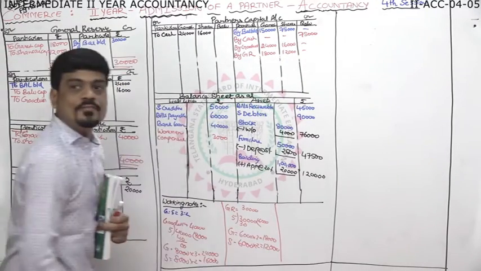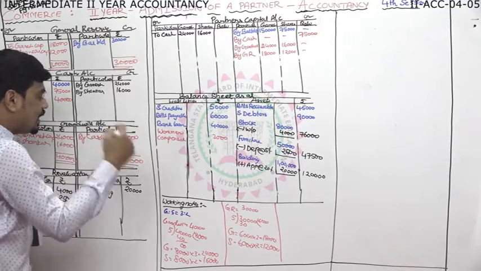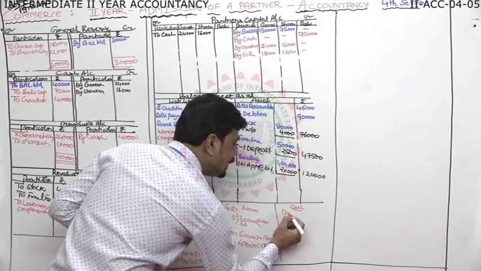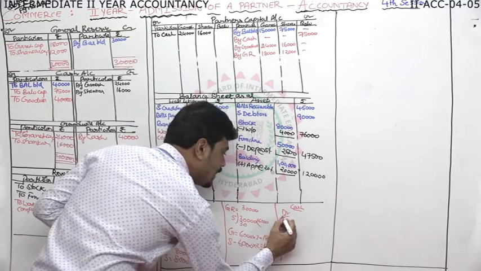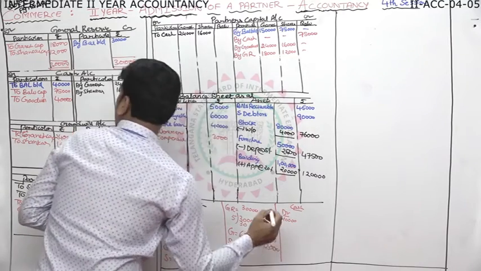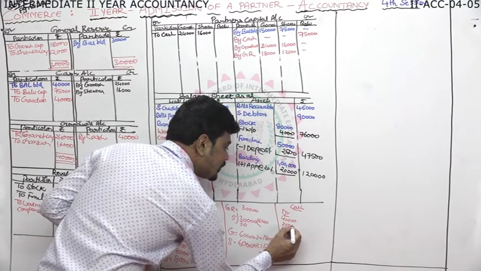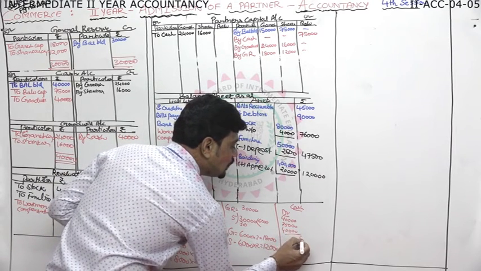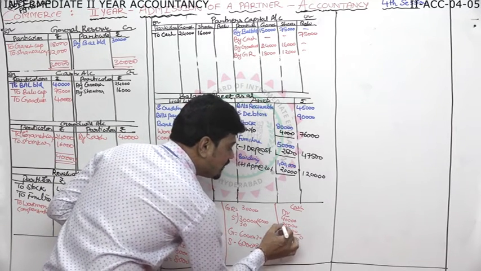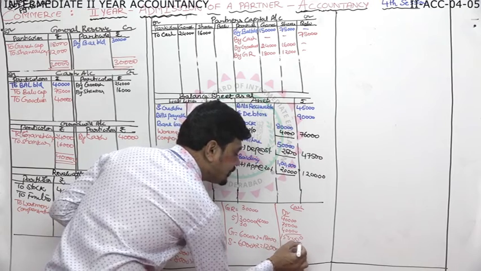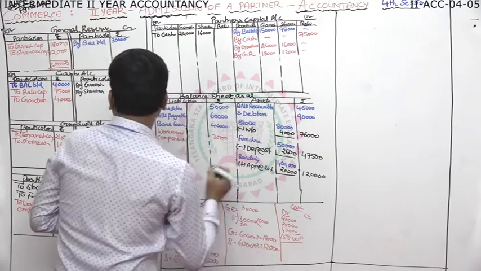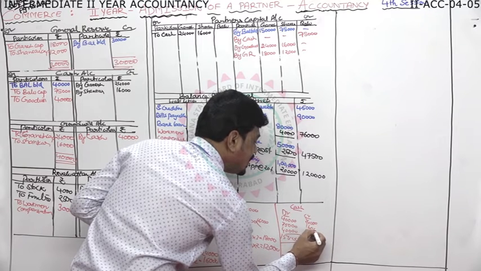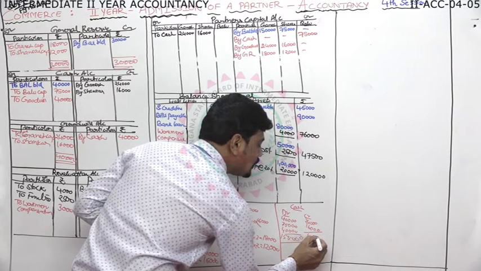Better we'll do the balance of cash account because we have debit and credit here. So cash, debit total. How much is the debit total? 40,000, 75,000 and again 40,000, so 1,55,000. If I see credit, 24,000 and 16,000, total 40,000.